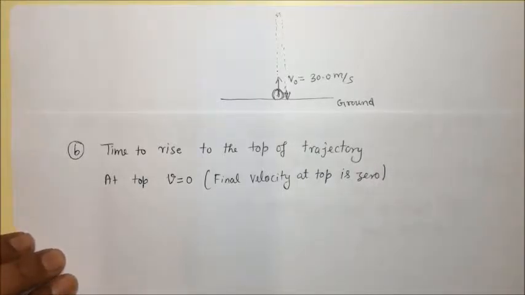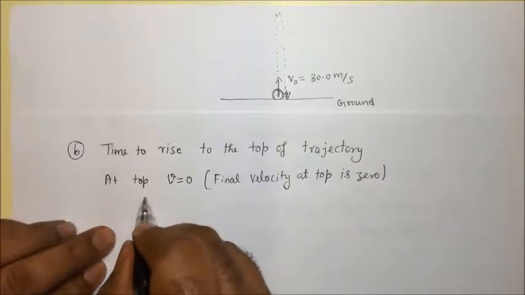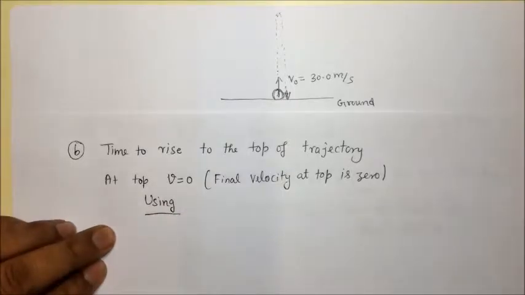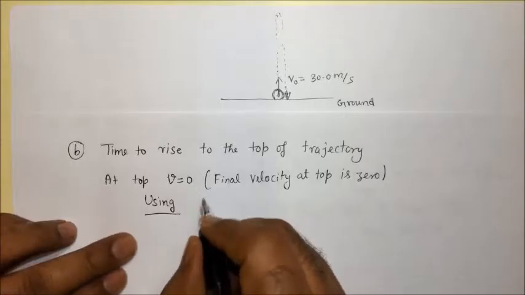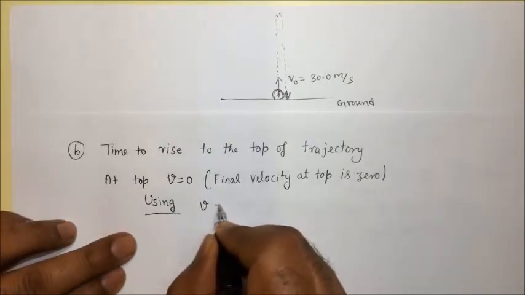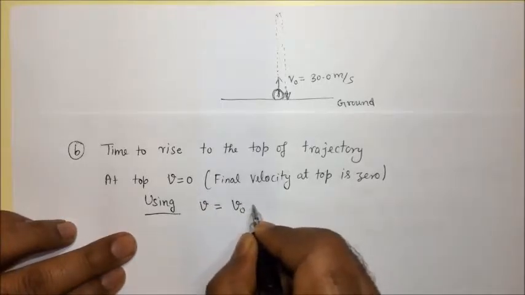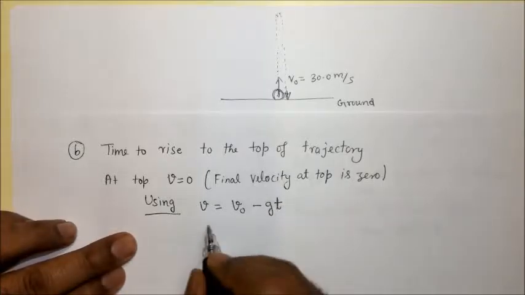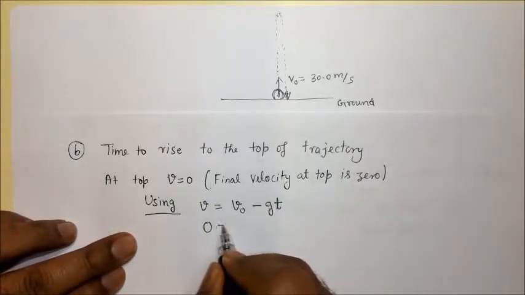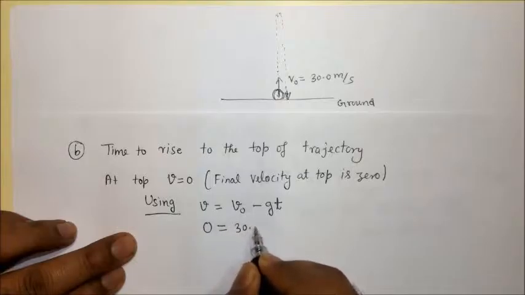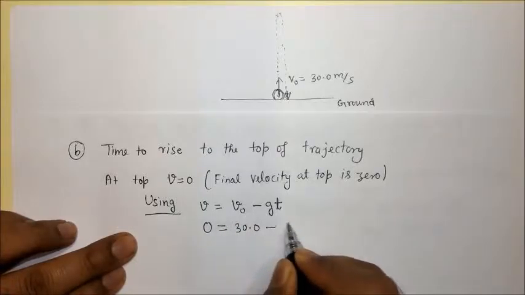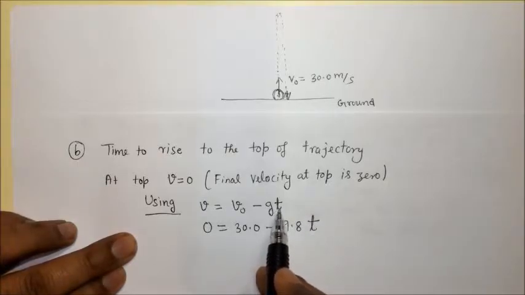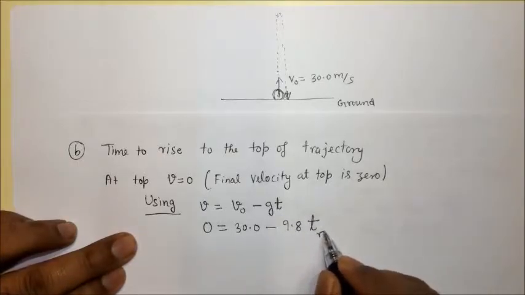Okay, so using v final is equal to v initial minus gt. At the top, v final is 0. This is 30.0 minus 9.8 t, and I can put this t as t suffix r.